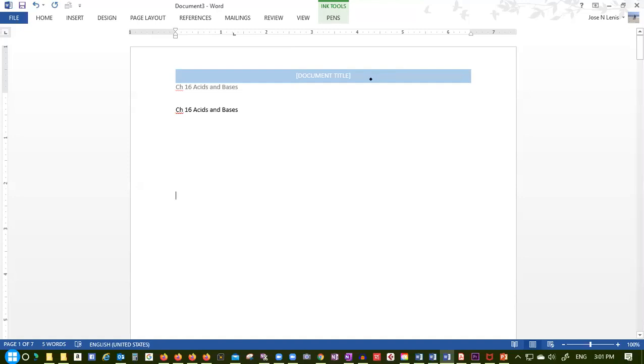These chemical compounds, when in water solution, and this is important to remember, in water solution, acids have a sharp taste. Sometimes referred to as sour taste.